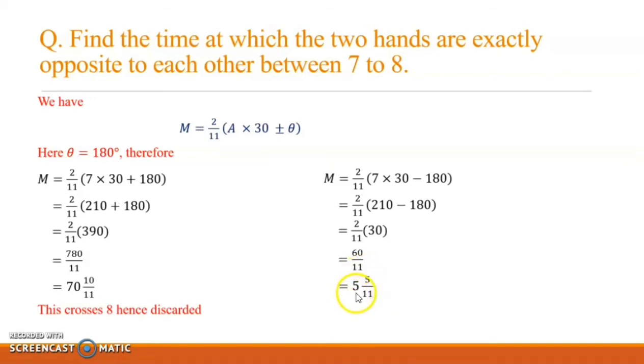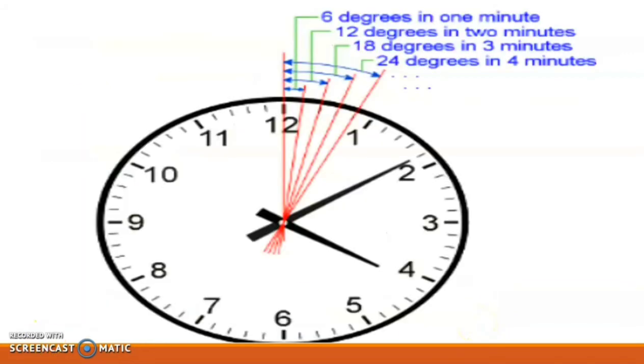That is 5 minutes and 5 by 11 seconds. Therefore, the time between 7 to 8 when the two hands are exactly opposite to each other is 7 hours, 5 minutes and 5 by 11 seconds.